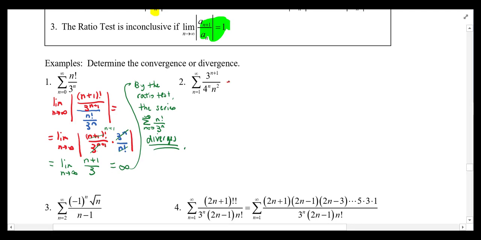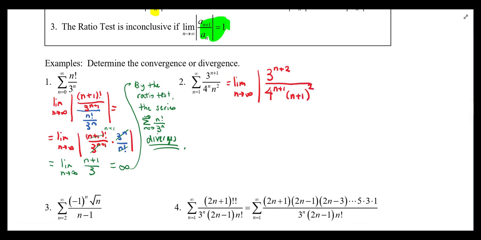Remember, don't make my same mistake as I put the wrong thing in the numerator. So this will be the nth plus 1 term. So nth plus 1 gives you the power of n plus 2, 4 to the power of n plus 1 times (n plus 1) all squared. And I'm going to divide this, or actually multiply by the reciprocal, so I can just save myself a step.